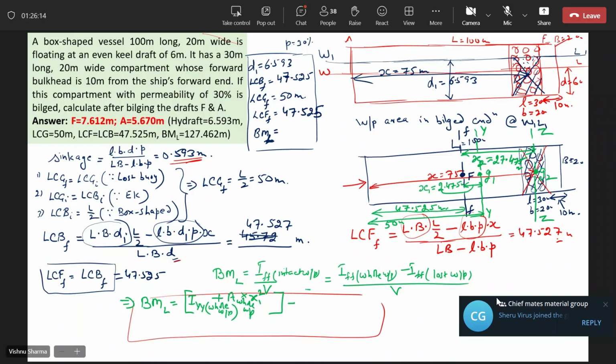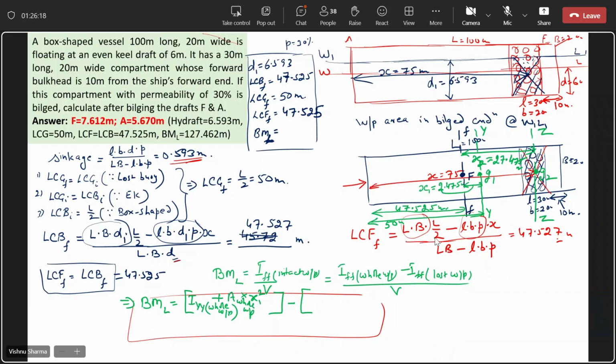Then minus, I apply the theorem of parallel axis between ZZ and FF for the lost water plane. IZZ of the lost water plane, plus area of the lost water plane into X2 square. Correct, guys? Divided by volume of displacement. Am I right?